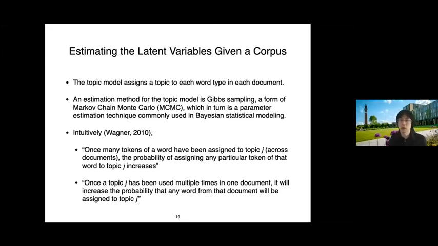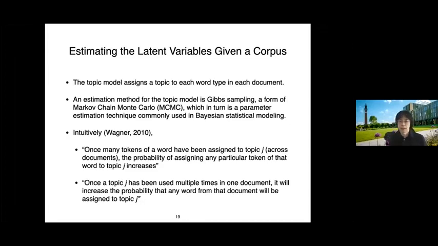There are multiple parameter estimation methods proposed in the literature, but one of the most often used is Gibbs sampling, which is a form of MCMC, Markov chain Monte Carlo, which in turn is a parameter estimation technique commonly used in Bayesian statistical modeling. Topic models, at least LDA, are a type of Bayesian statistical model, technically speaking.